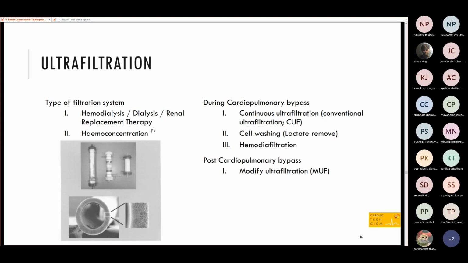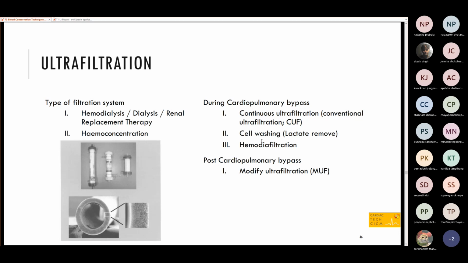Hemodialysis in early definitions and also dialysis. Okay, during CPB, we can do that continuously. So we can call it continuous ultrafiltration or conventional ultrafiltration. Another nickname is CUF.